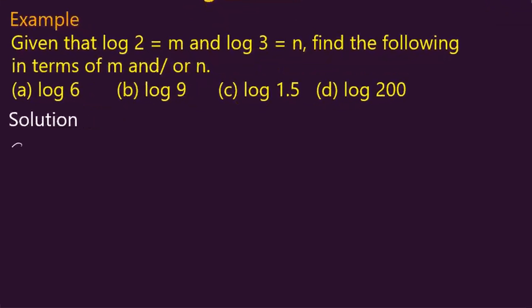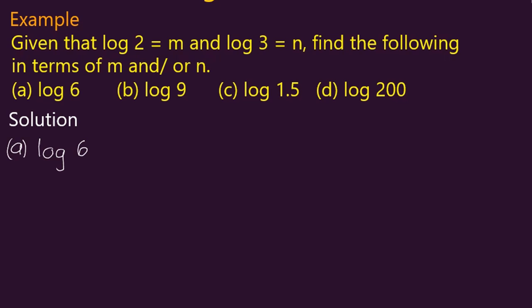Alright, so let's start with part A. On A we have the logarithm of 6. Now we want to find the logarithm of 6 in terms of m and/or n, and we want to use the information that we have. We've been given the logarithm of 2 and the logarithm of 3 being equal to m and n respectively.